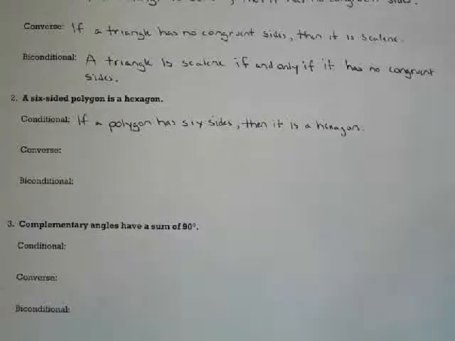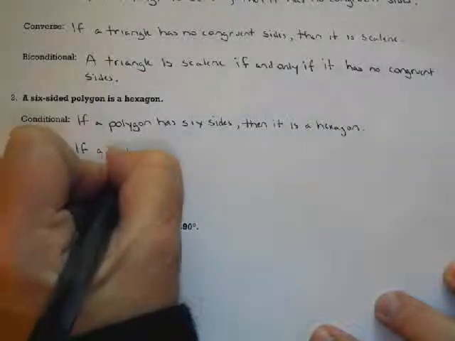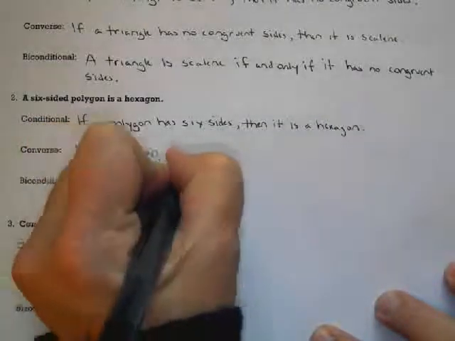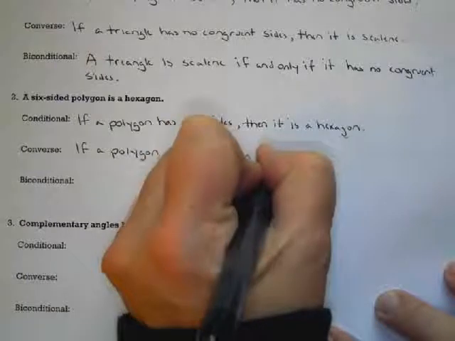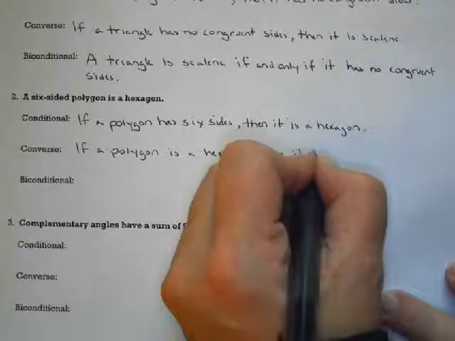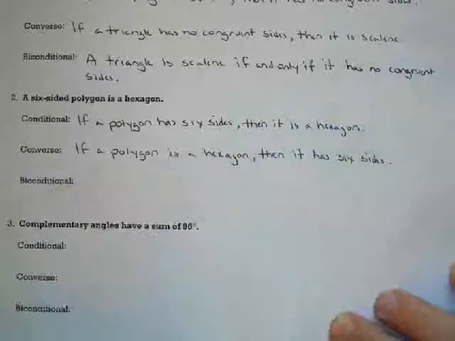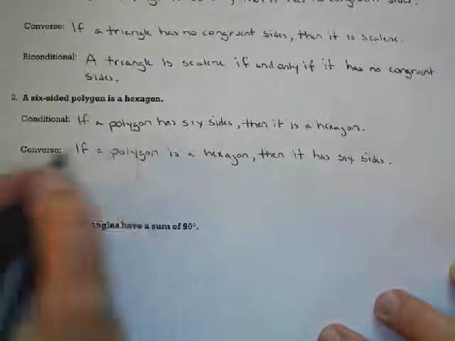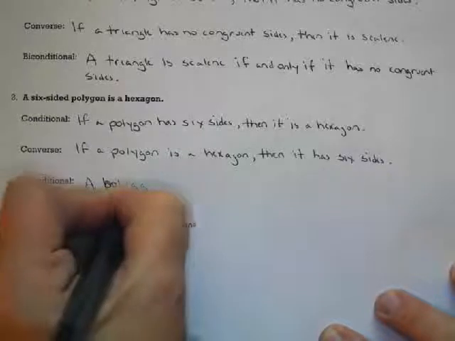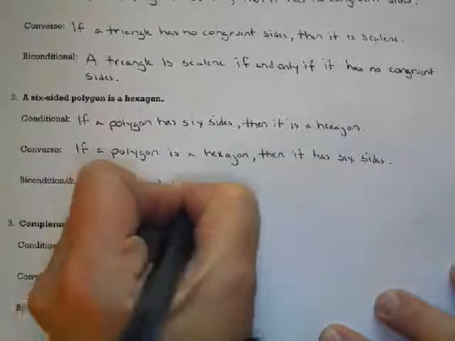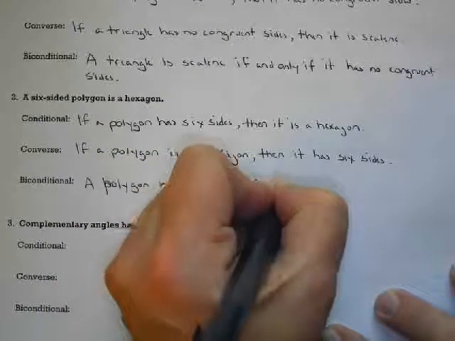The converse: if a polygon is a hexagon, then it has 6 sides. So as the biconditional: a polygon has 6 sides if and only if it is a hexagon.